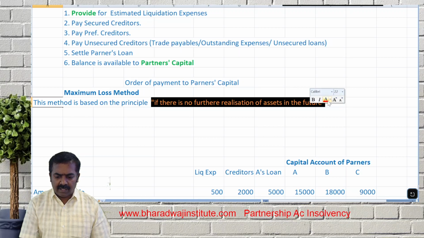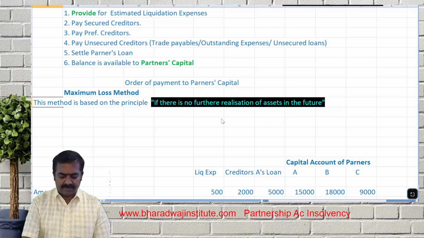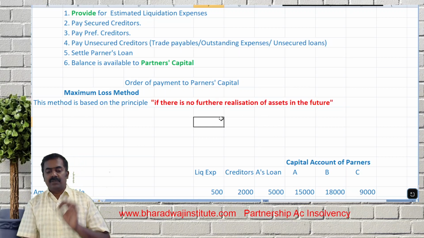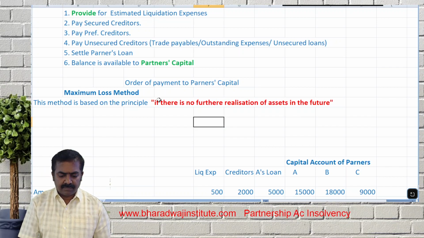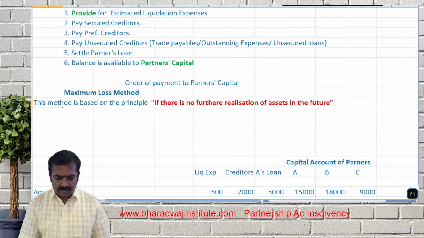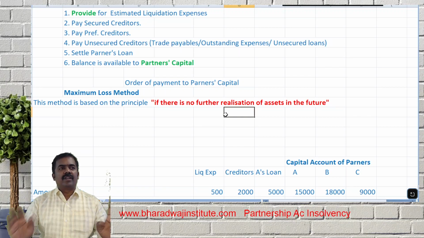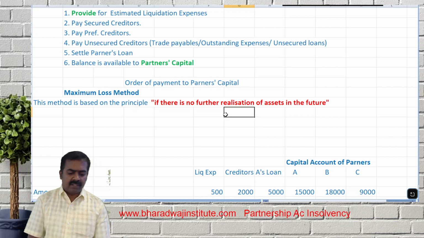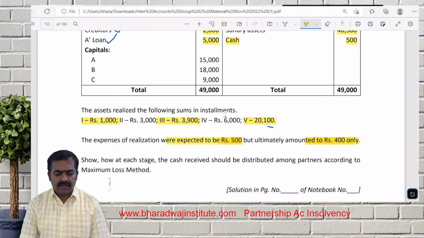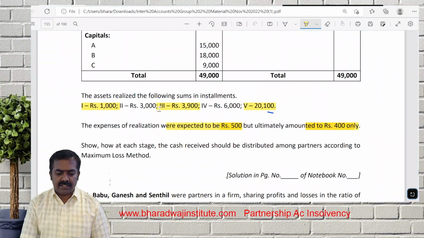Sir, if assets are not realized beyond this, what will happen? If there is no realization of assets in the future, it is like no more realization. We are in which realization in this example? Third realization.